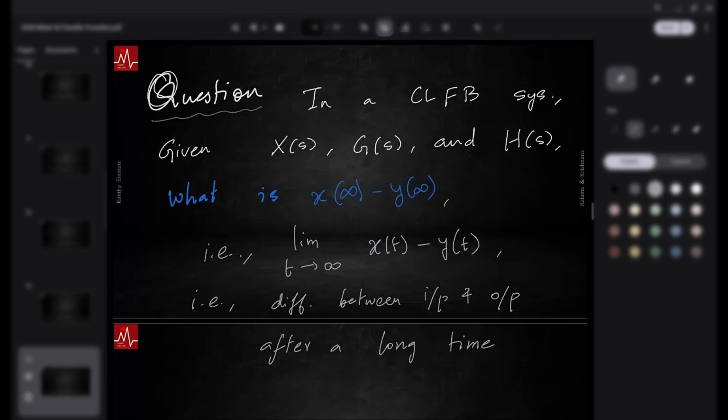Anyone answer this? What is given: x of s is given, g of s is given, h of s is given. What we want is the difference between x of t and y of t.